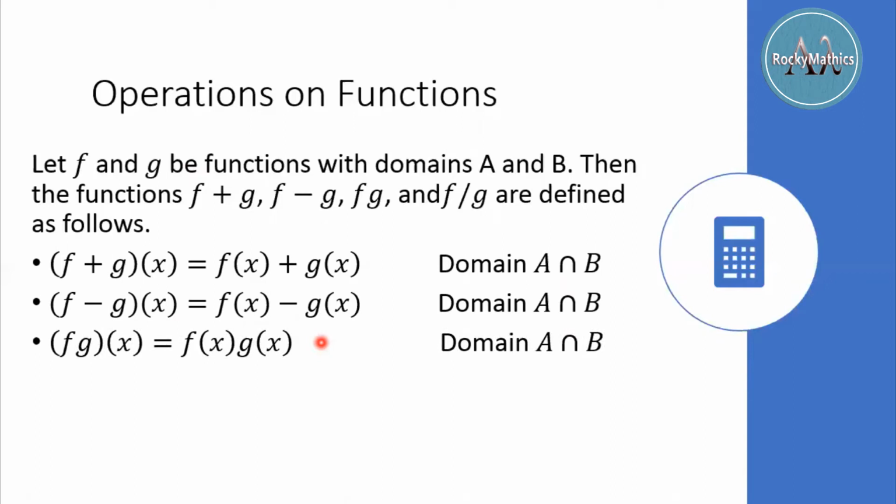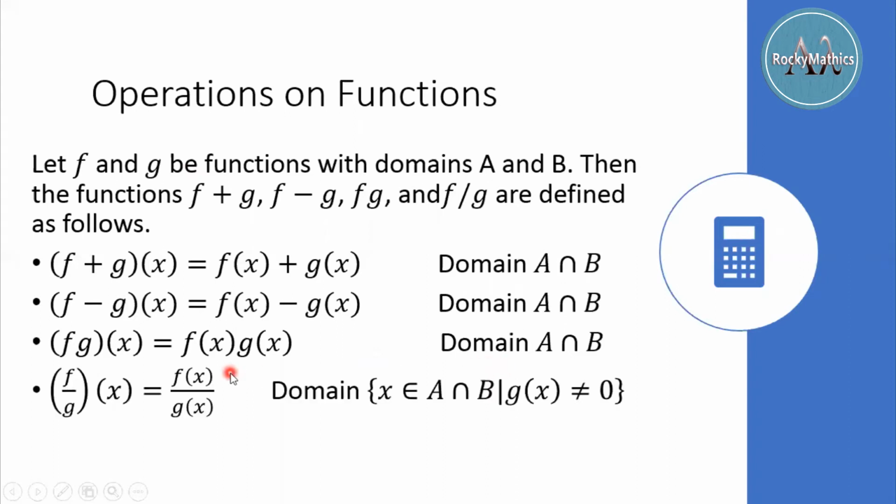How about the product? (f times g)(x) is equal to f(x) times g(x), and the domain is still the intersection of the domain A and the domain B. Now, f over g, or f divided by g of x, is given by the formula f(x) over g(x), meaning we have to divide f(x) by g(x), provided that g(x) is not equal to 0, or x is in the intersection of A and B, and g(x) not equal to 0, because if g(x) will be equal to 0, the whole expression will be undefined.